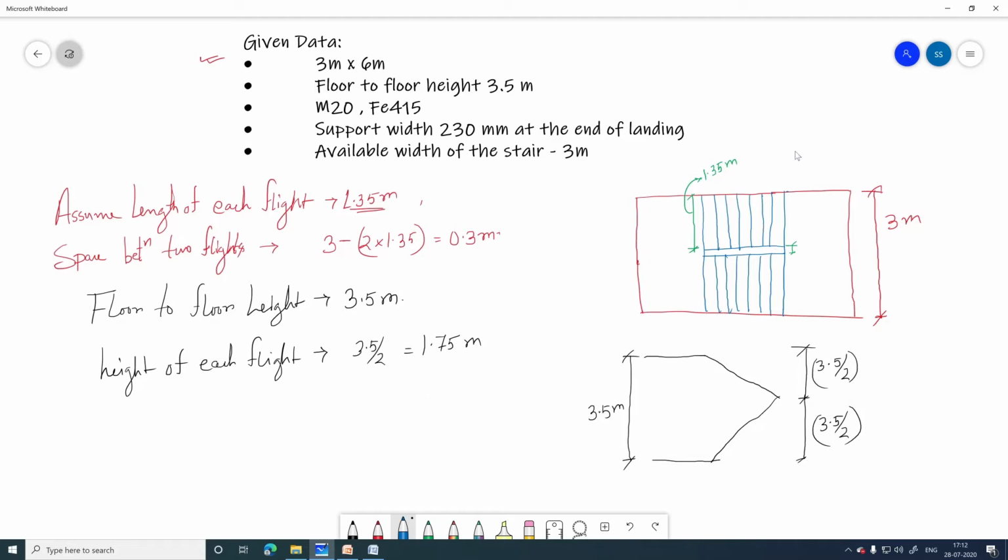That means we have the steps like this, right? So we consider the height of each riser, this portion, is 150 mm. Okay, so here we have the total height, that means the height of the flight is 3.5 by 2, that means 1.75.